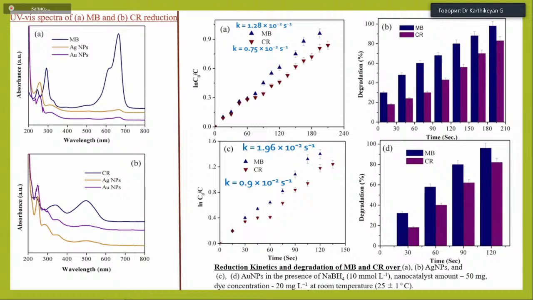Why do we use methylene blue dyes? They are used for organic pollution removal in water treatment. The 665 nanometer UV absorbance wavelength disappeared after 210 seconds for methylene blue 1, methylene blue 2 and CR, following pseudo first order kinetics.